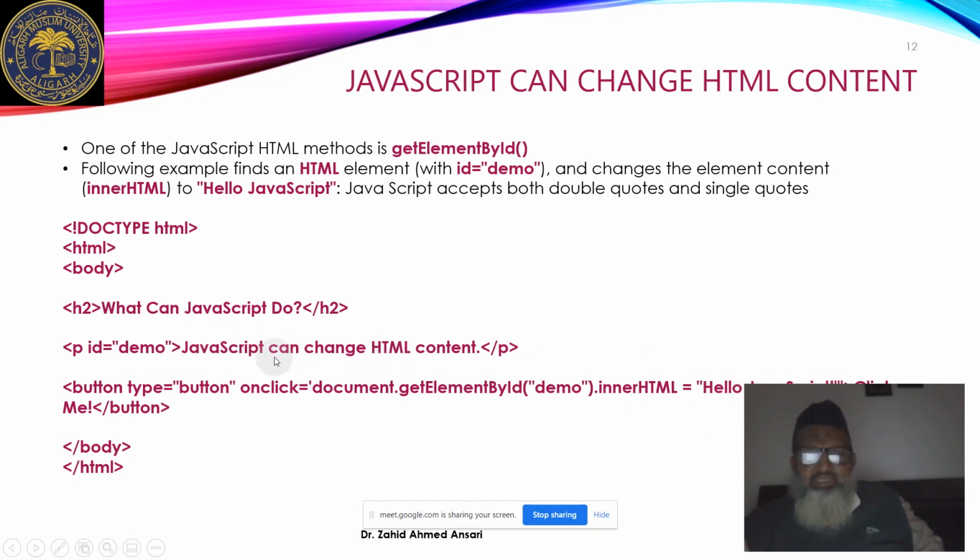Basically we want to say that once the button is clicked, this paragraph whose ID is demo should display hello JavaScript. Currently it is displaying JavaScript can change HTML content, but after clicking the button it should display hello JavaScript.